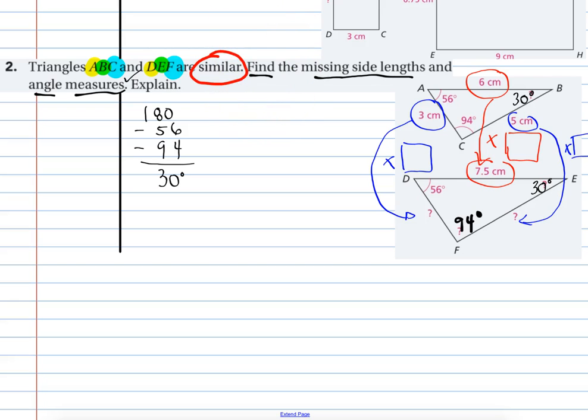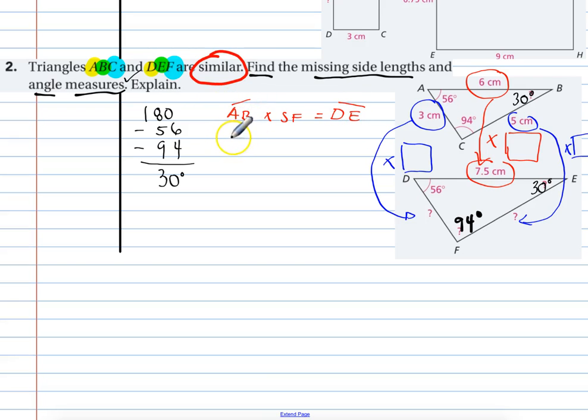I'm going to write these out here, first with the one that I know in red. Let's label this. Let's say side length AB times scale factor will equal side length DE. So those should match.